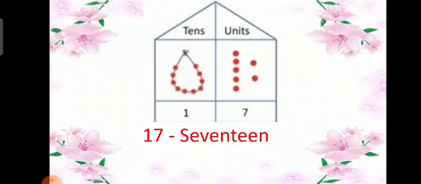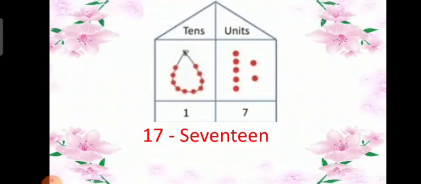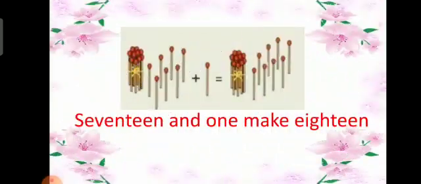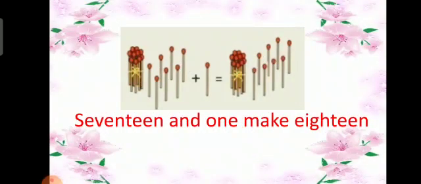In the houses of ten and units we are going to draw one single string means 10 beads and 7 single beads altogether make 17. What is the spelling of 17? SEVENTEEN. 17.